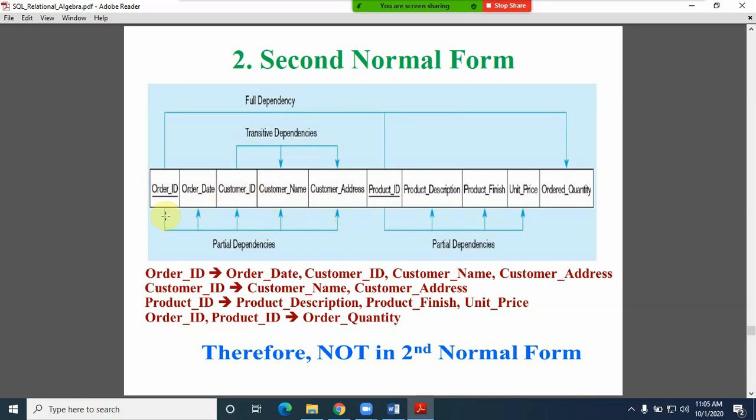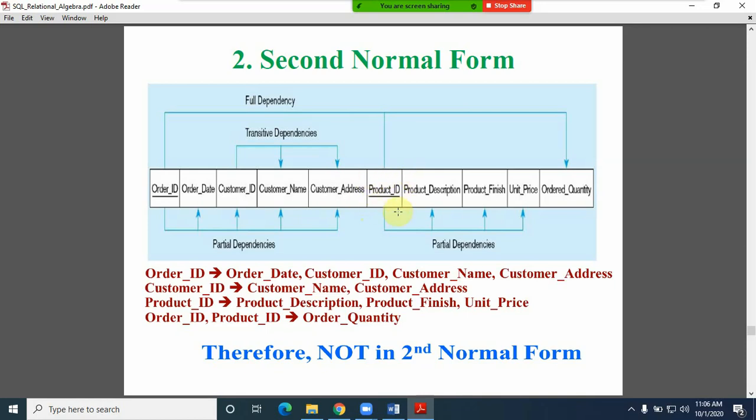Similarly, part of the primary key is product ID also, because we are considering order ID and product ID together as a primary key. Now this product ID specifies product description, product finish, unit price. Without referring to the order ID, you can identify the description, product finish, and unit price related to this product ID.